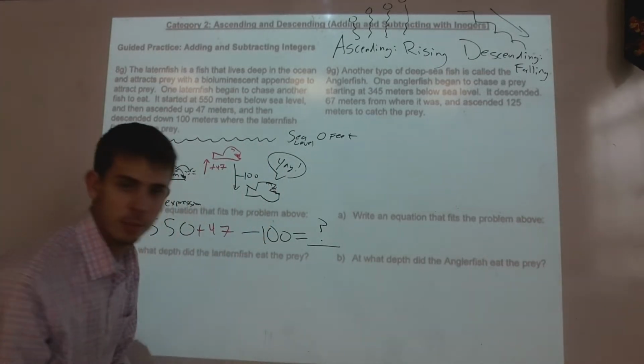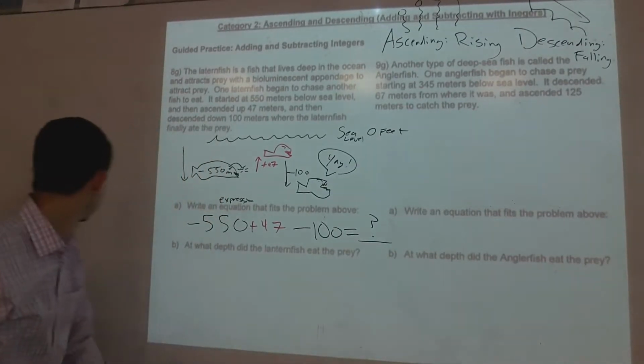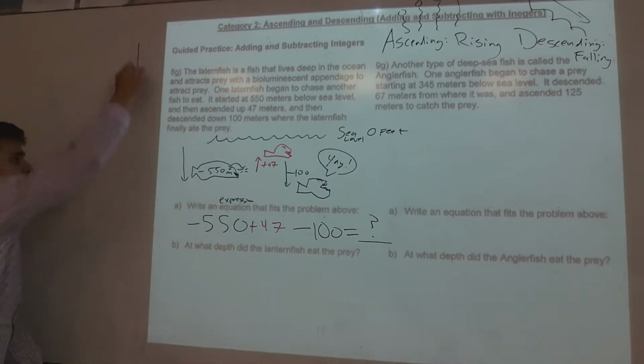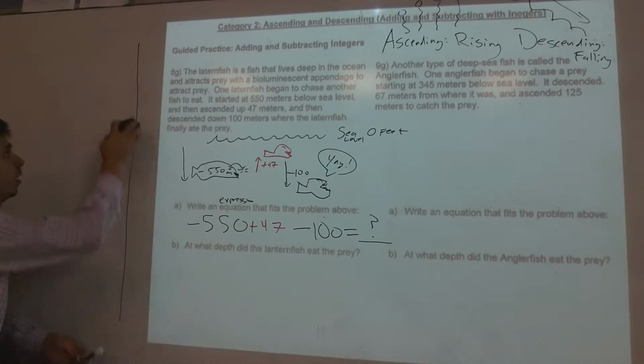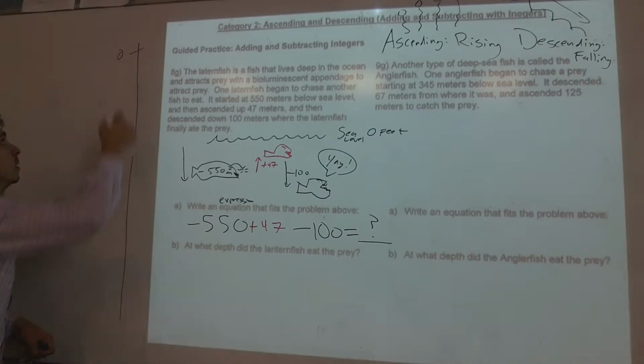Maybe I should draw a number line. Here's a nice big number line. Because we are so deep, I'm going to put the 0 way up here because I know we're never going to be positive. There's 0. Here's sea level. Here's where we live. Negative 50, we'll have it right here.